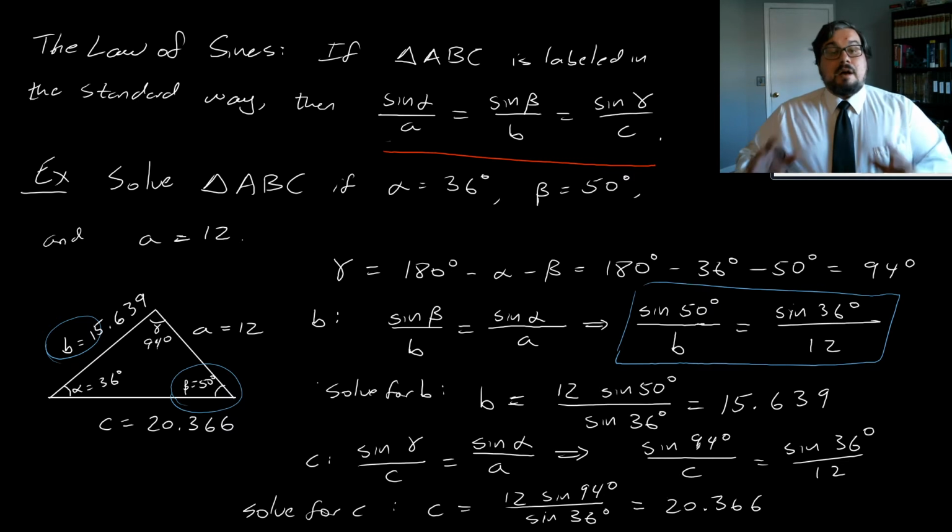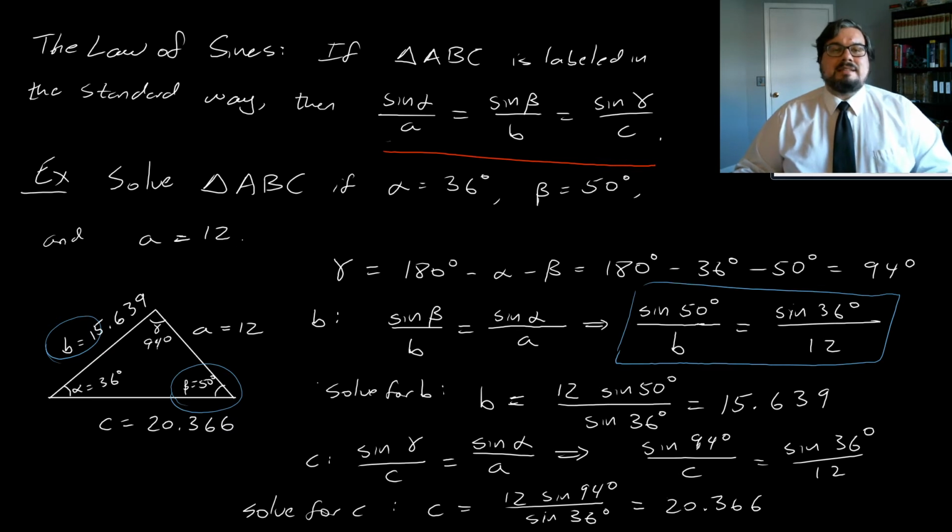Now, this process that I went through holds for basically any situation where you have two angles that you know and one side length. If you ever have a triangle where you know two of the angles and one side length, you can always solve it using the law of sines in the way that we just did.